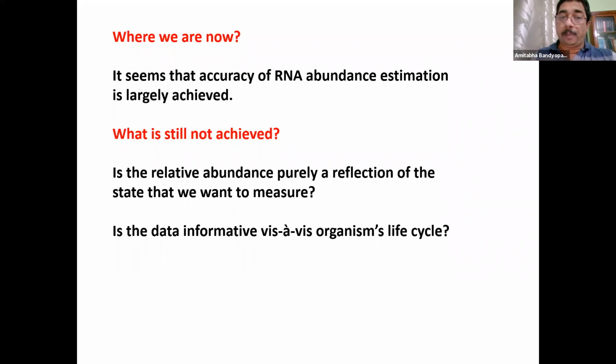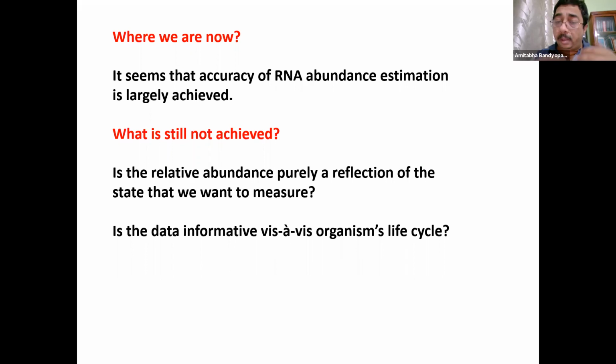That is the regulation part. What is not known is whether the relative abundance is purely a reflection of the state we want to measure. Are we seeing that this RNA is more abundant because it is a bone cell and it is not there because it is a liver cell? If so, what are the reasons behind it? That is not clearly understood.